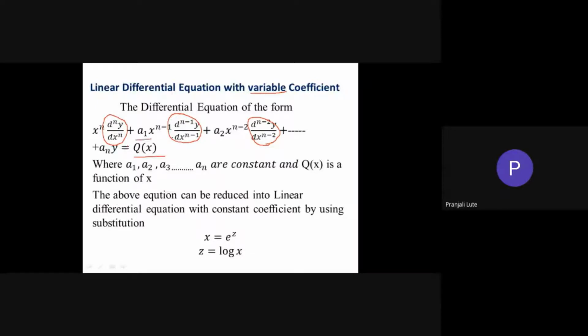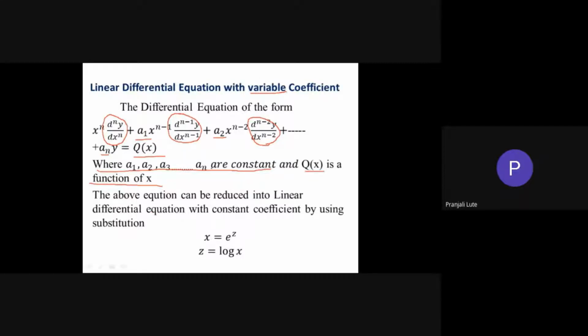Here a1, a2 up to an are all constant, and the right hand side Q of x is a function of x. It means your right hand side is always in terms of x.